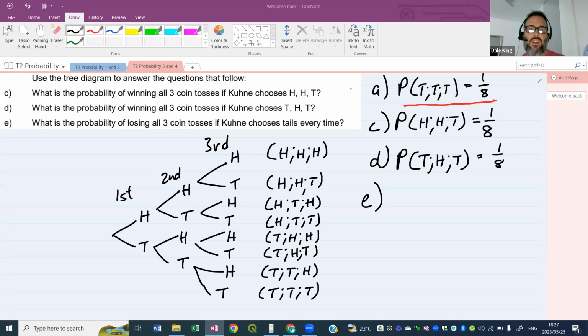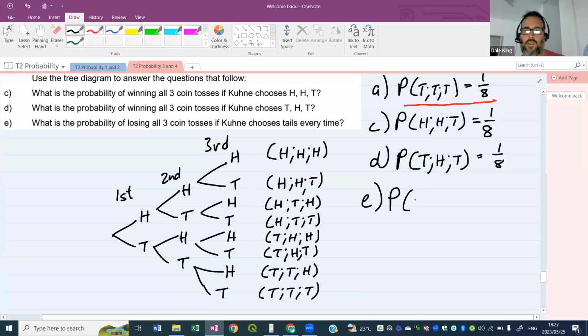In other words, getting everything but that. I'm giving you a big clue there. I'm getting everything except for that one. Because we see tails, tails, tails once, like you said. So what's the probability of not getting that? How many times in this experiment, Emmanuel, will you not see tails, tails, tails? 7 times. Exactly. All right.